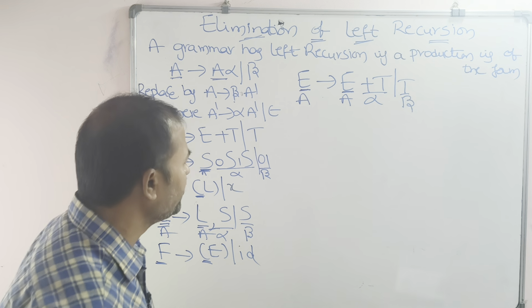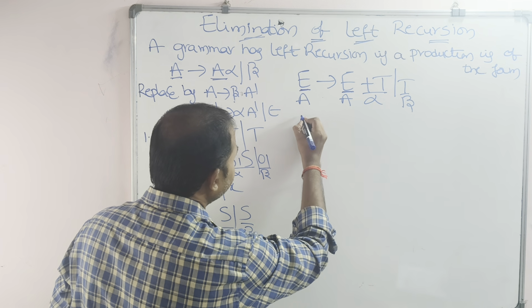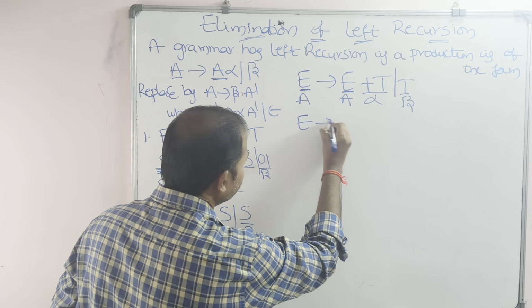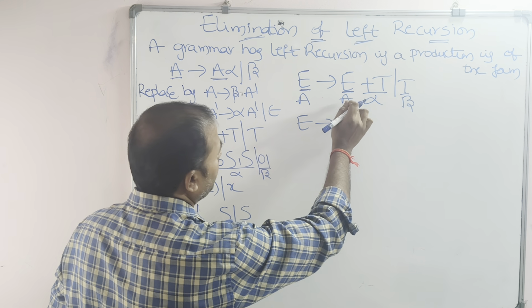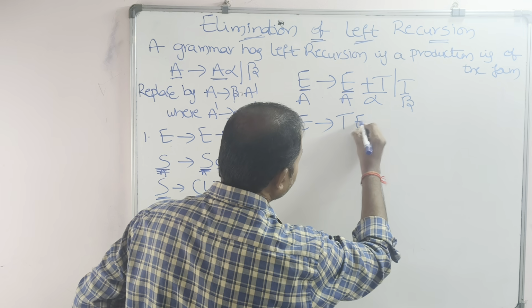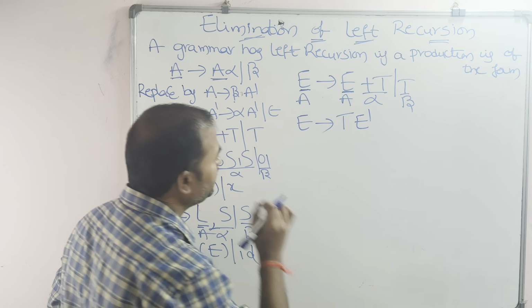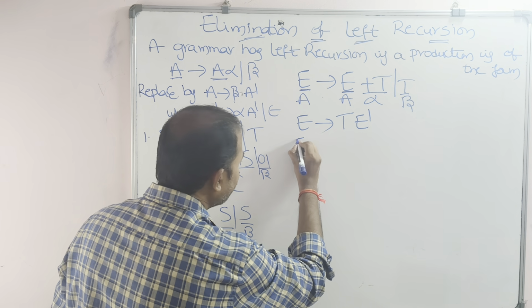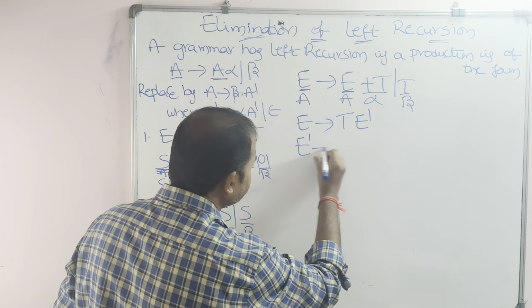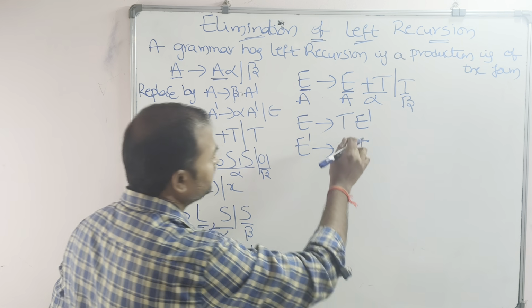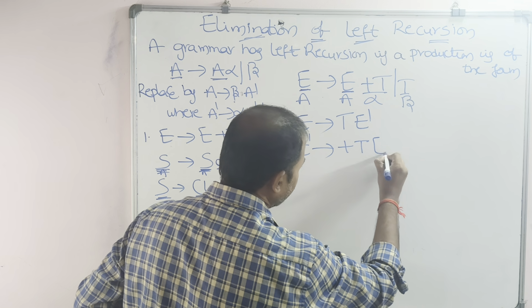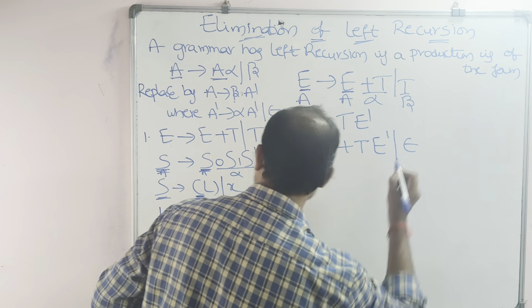So replace this production by A produces βA'. Here A means E, beta means T, and A' is E'. E' implies αA', where alpha means +T, so E' implies +T E' or epsilon.